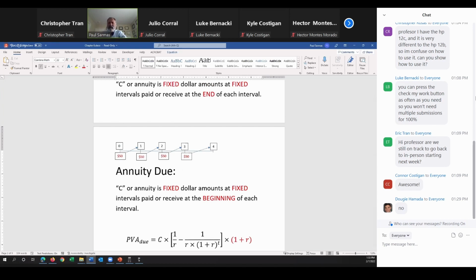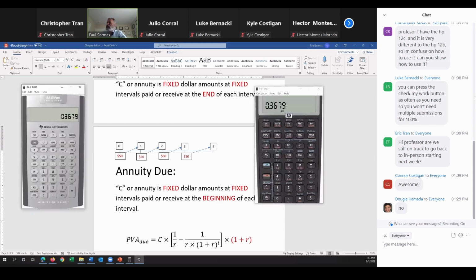I want to show you something. If you recall, I said you can change the compound. And I said, if you come to office hours, I will show you how to change it. But also you can do annuity and annuity due on the calculator. You can change the mode.